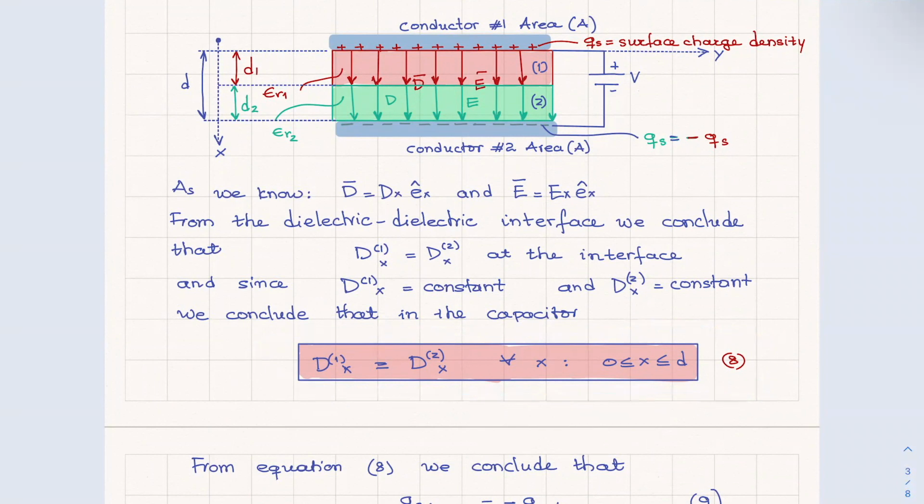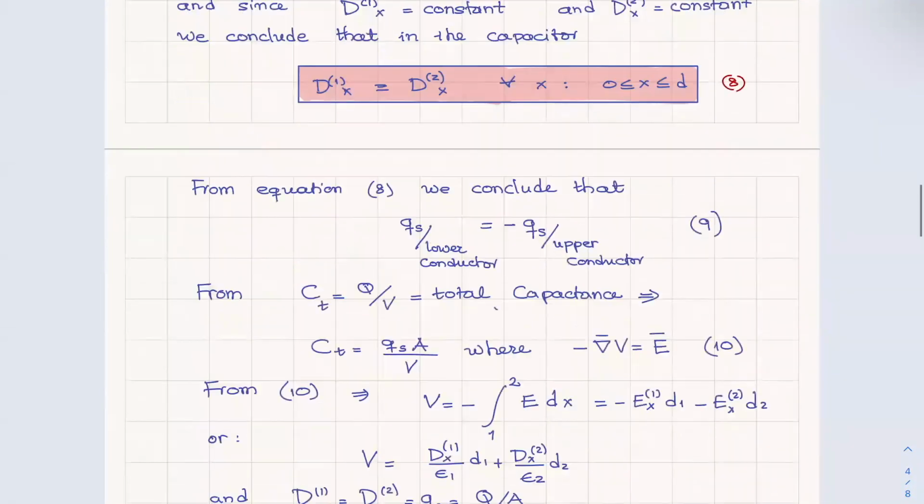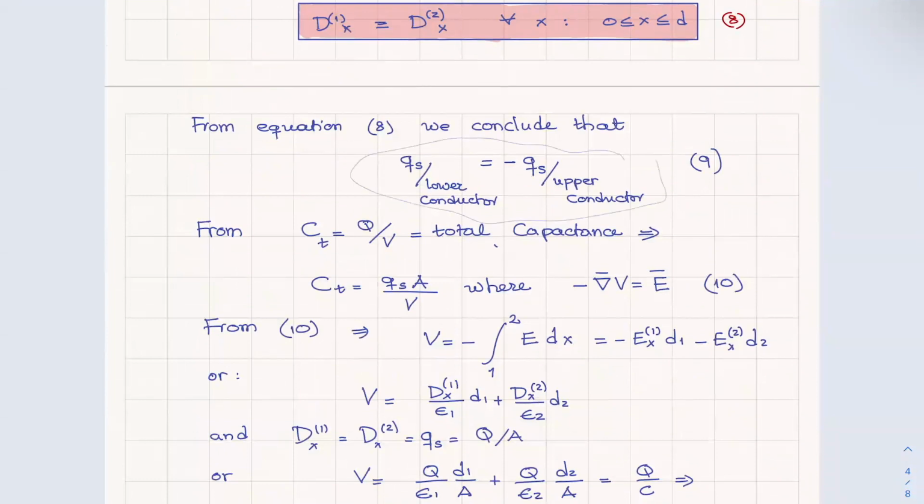And the voltage here is responsible for how much charge goes to each conductor, plus Q on the upper conductor, minus Q on the lower conductor, which implies that the charge density on the upper conductor is going to be positive, on the lower conductor is going to be negative, and they are equal but with an opposite sign, as it shows there. So that's also what is expressed in equation 9.